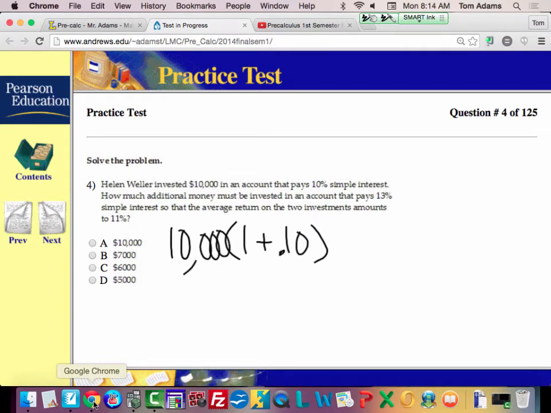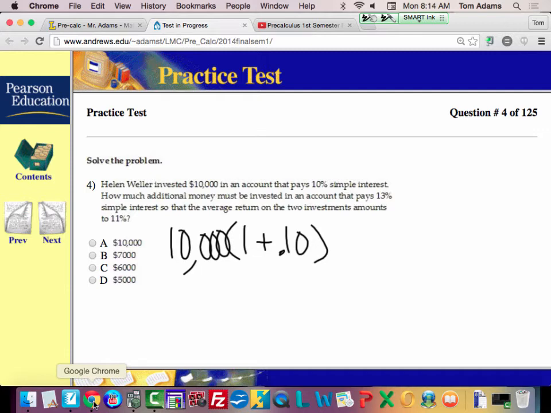Then she's got to multiply 10,000 times 10% and add that to the money. So if I factor out the 10,000, because both numbers need to be multiplied by 10,000, when I distribute the 10,000 through to the 1, that gives me the 10,000 plus the 10%.